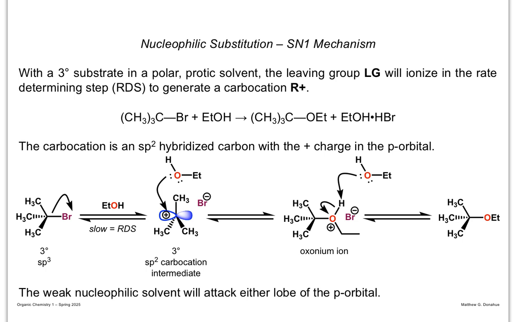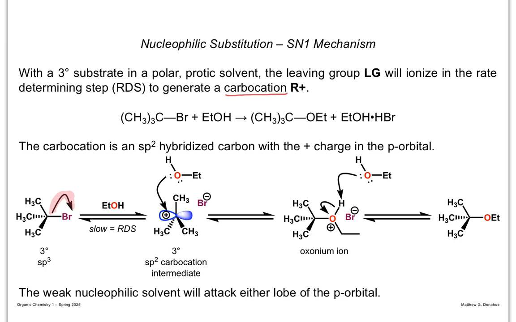So carbocations are typically shorthanded as like R+, that tells you it's a carbocation. So as I said, that C leaving group, that bond ionizes. Notice that arrow?